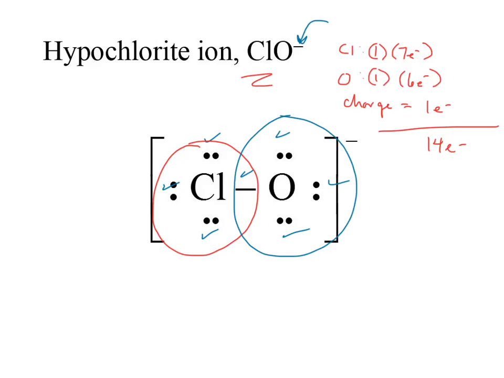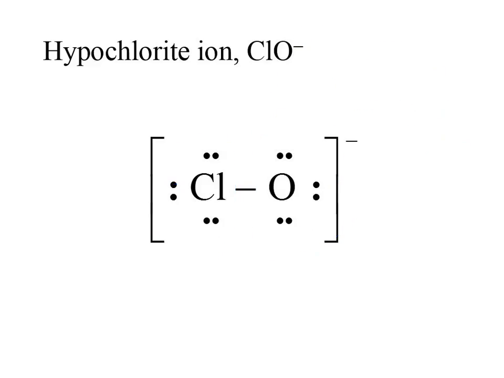Let's do one more check, the check for valence. We said valence is 8 minus the group number. For chlorine, if we take 8 minus group number 7, we expect it to reach out once. That's the valence. It's doing that.